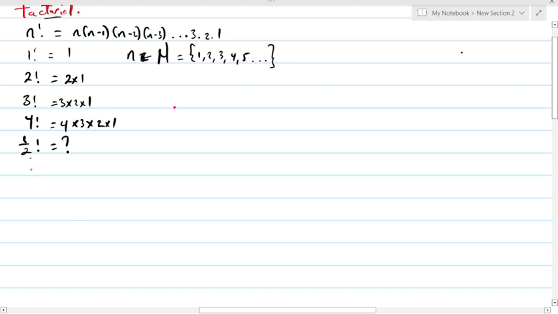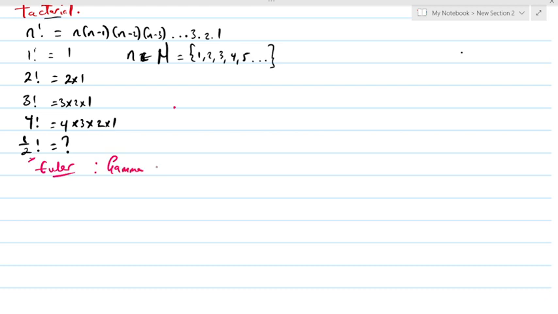So at this instance, a mathematician called Euler introduced what is called the gamma function. The gamma function of n is given as the integral from 0 to infinity of exponential minus t, t to the power n minus 1, dt.